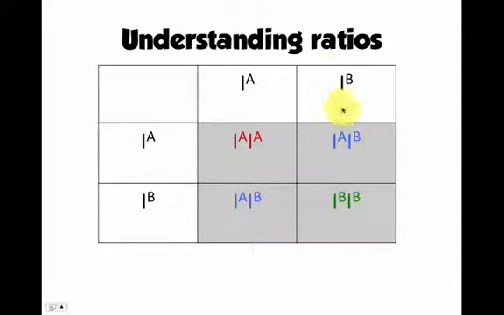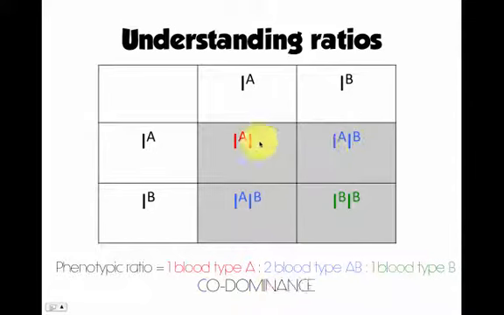And then these 2 are going to give blood type B. So we get a different ratio this time. It's a bit different to the 3-to-1 that we saw before, so it can't be complete dominance anymore. So this ratio is 1 to 2 to 1. So if you see that ratio appear, this is now codominance. So 1 to 2 to 1. That tells you it's codominance.